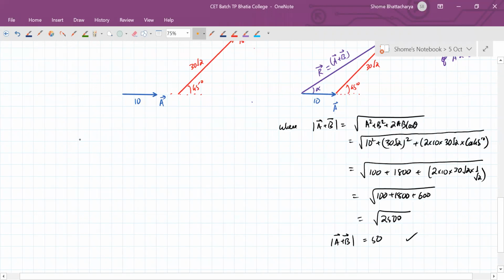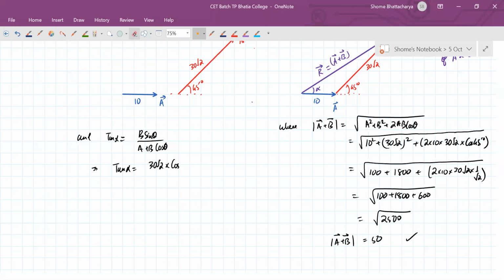And of course we also have the formula that tan alpha is equal to B sin theta upon A plus B cos theta. Again, numerator and denominator will have these values.